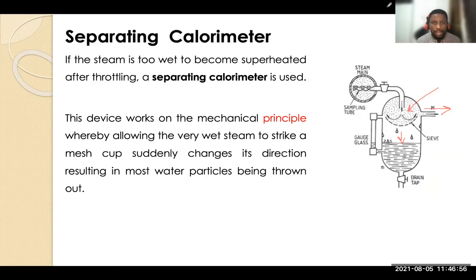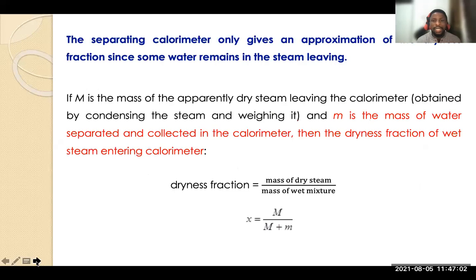The measurement of the dryness is not accurate, which is going to take us to the last calorimeter for the day. I've mentioned this already. This is a major drawback here. It's an approximation, and because of this, you're saying it is not accurate. So please take note of this.